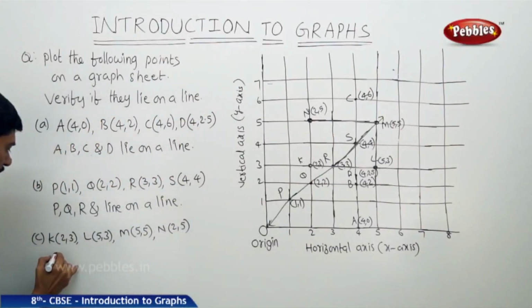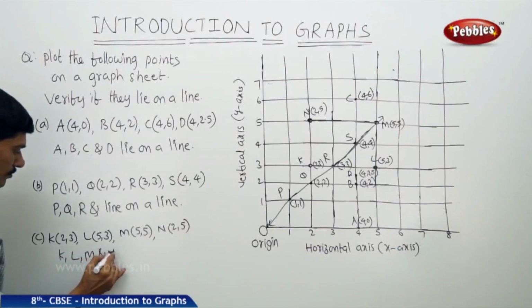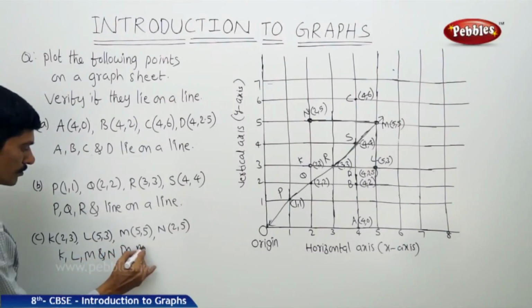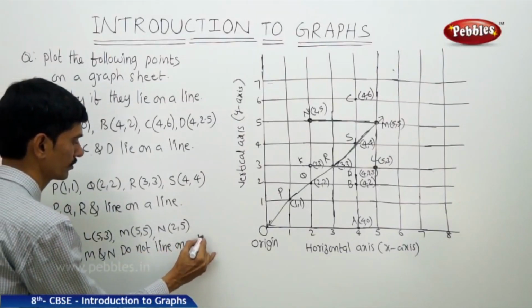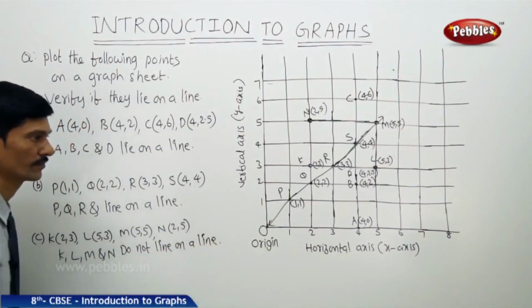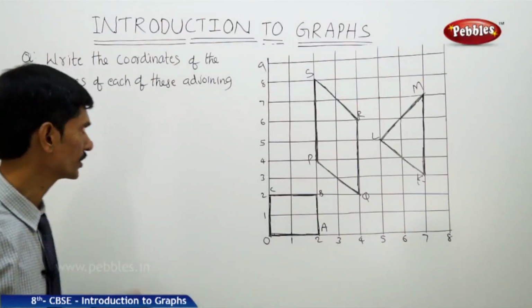So we can write that K, L, M and N do not lie on a line. Let us solve the next question.